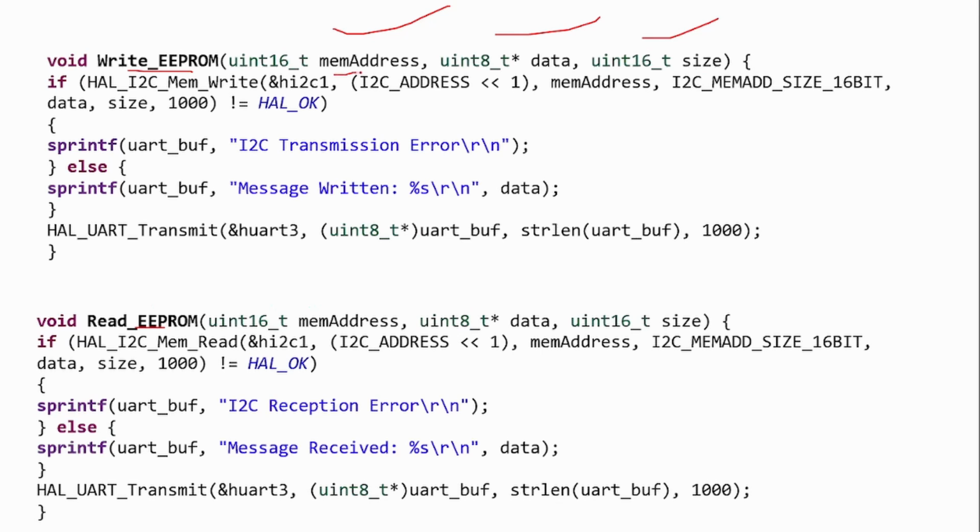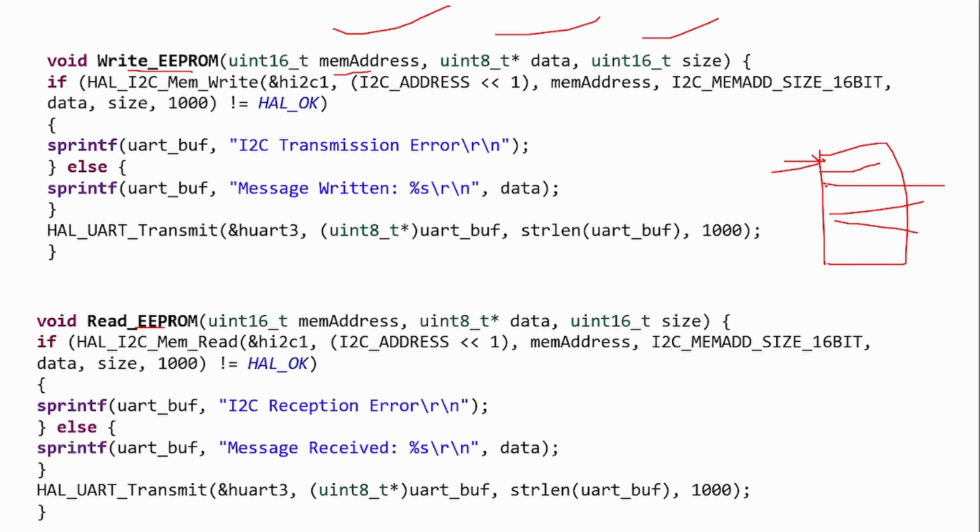Now what is mem address? One thing is the device address. Now in the device, as I explained earlier, you can consider EEPROM as a page, and each page having a number of rows. So I am talking about this address, the memory address, on which particular location you want to write something.